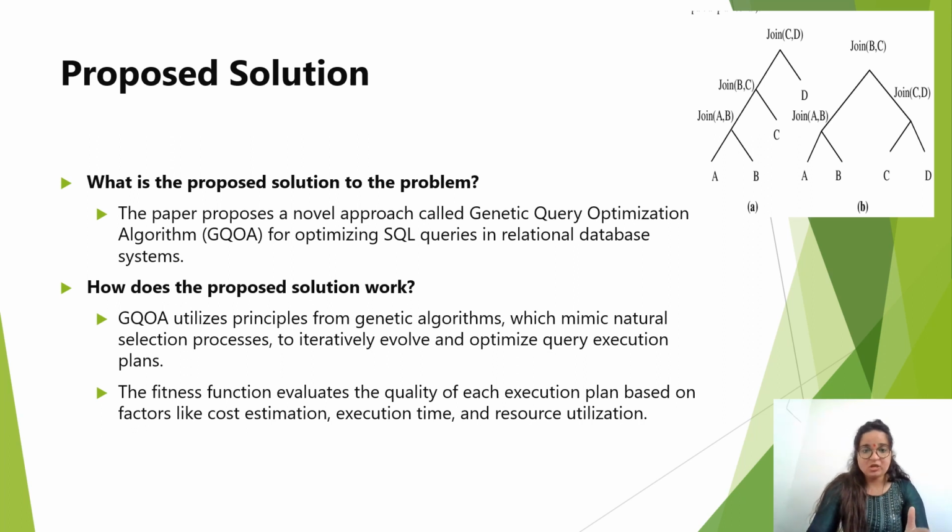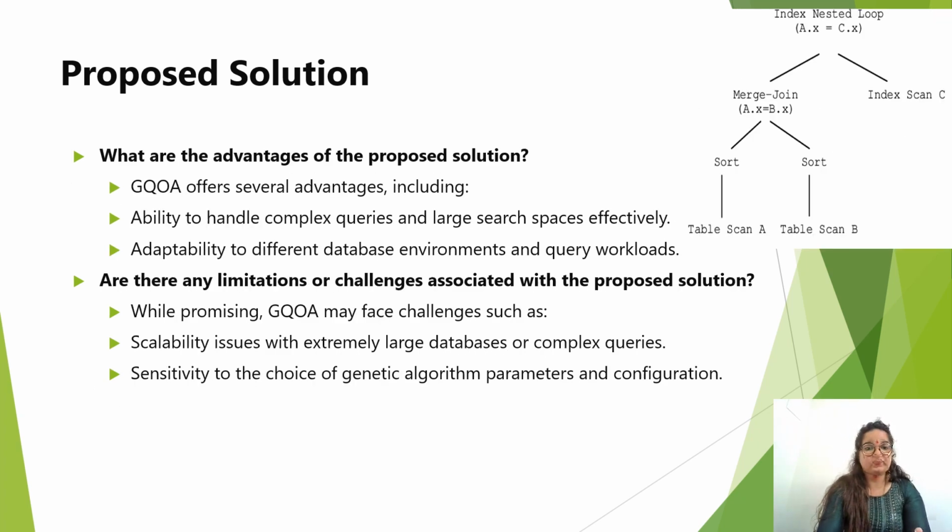The fitness function is based on three factors. First is cost estimation, the execution time for the query to run in the database system, and resource utilization, meaning how much memory is utilized by this type of database system in solving this problem.